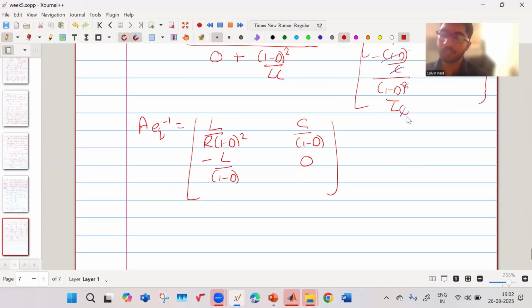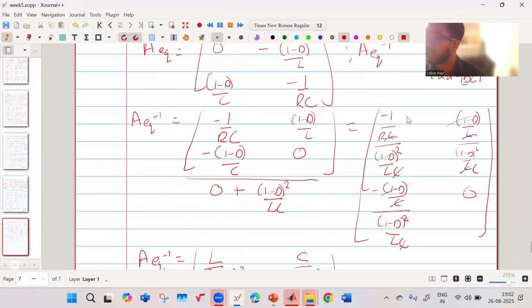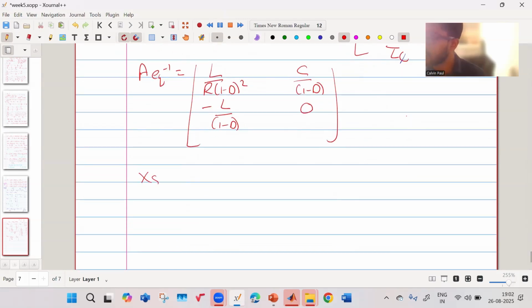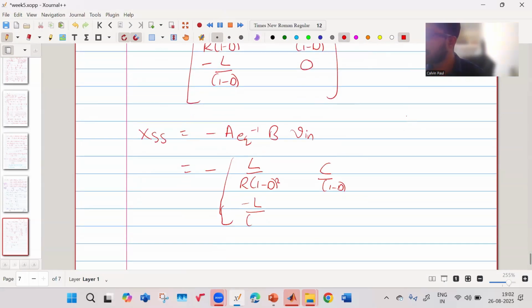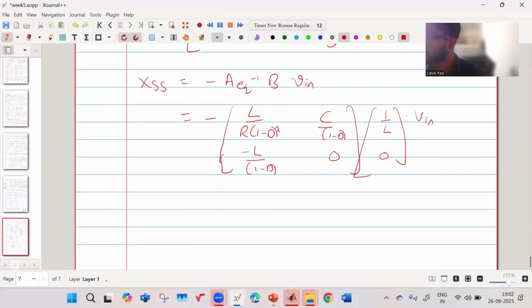No, sir. Okay, so now we have to get our X steady state, which is equal to minus A equivalent inverse into B into Vin. This is minus of L upon R 1 minus D square, C upon 1 minus D, minus L into 1 minus D, 0, and this is 1 by L and 0 into Vin.